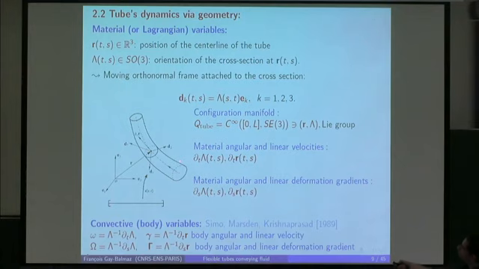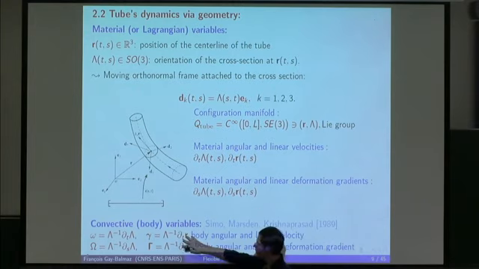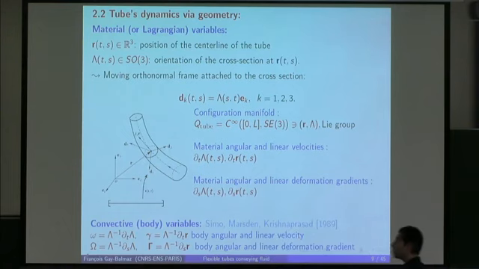Then the dynamics, of course, depends on time derivatives of these variables and spatial derivatives, but those are not the variables that are convenient to use when you describe this kind of system. What you really would like to use are the convective variables.